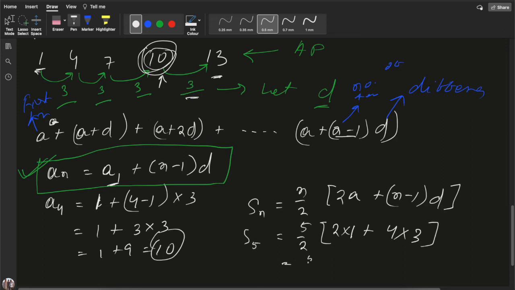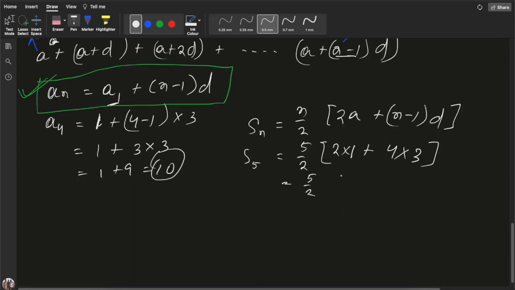So 5 by 2 into (2 plus 12), that is 5 by 2 into 14, then 7, then it will become 35.